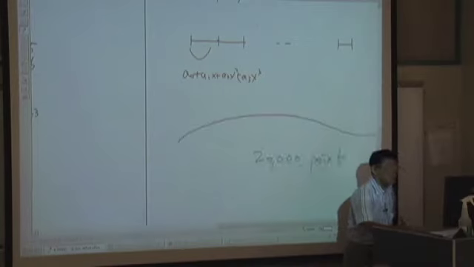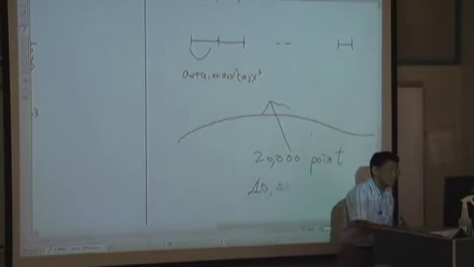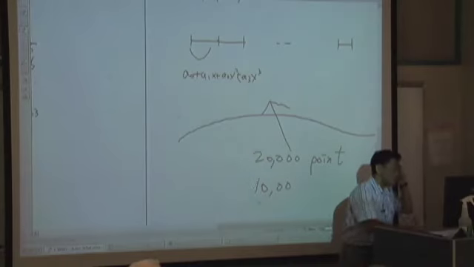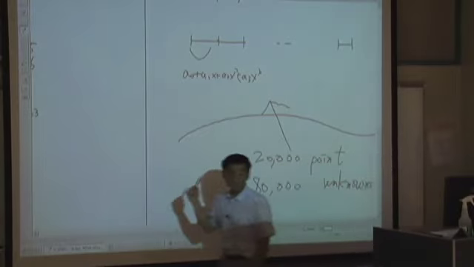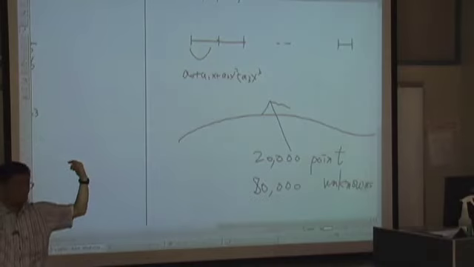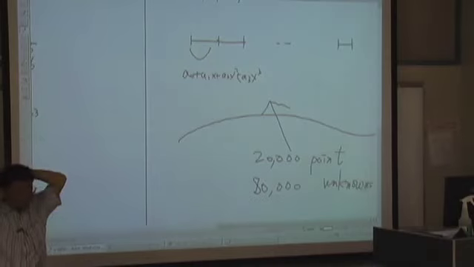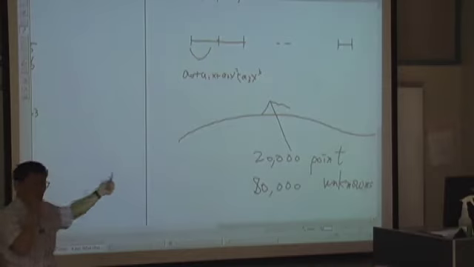If we follow this approach, then 40,000, 80,000, right? 80,000 unknowns should be determined. To determine 80,000 unknowns, we need huge matrices. It's huge, right? So this approach is okay, but in general it's very unusual.